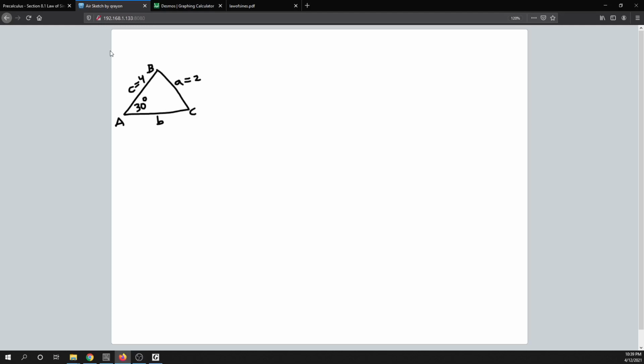Then I want to use the law of sines to find one of the angles opposite one of the sides I'm given. I'm going to go with the biggest side, 4, which is side C. So I have sine of angle C over side C is equal to sine of A over side A, because that's the only angle-side pair that I know, both the angle and the side opposite, which is 2.